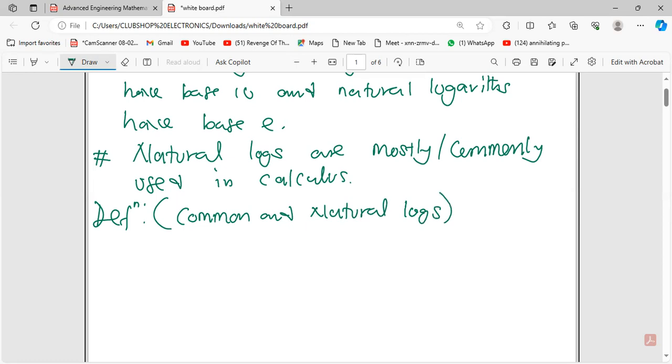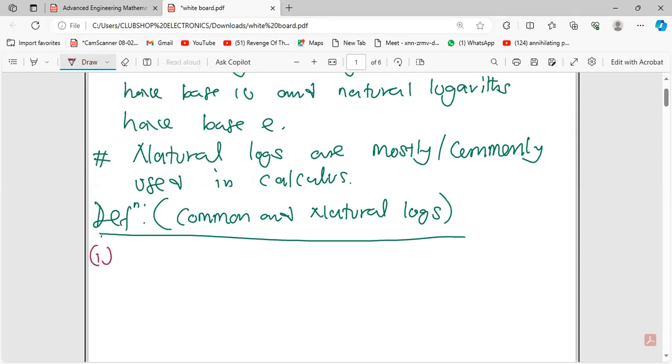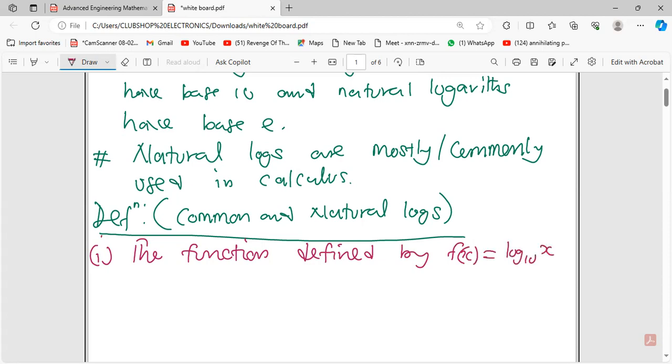Number one, for the first definition, we can say the function that is defined by f of x is equal to log 10 of x is called the common logarithmic function.